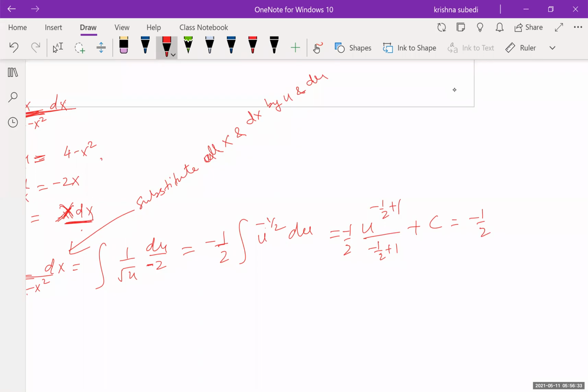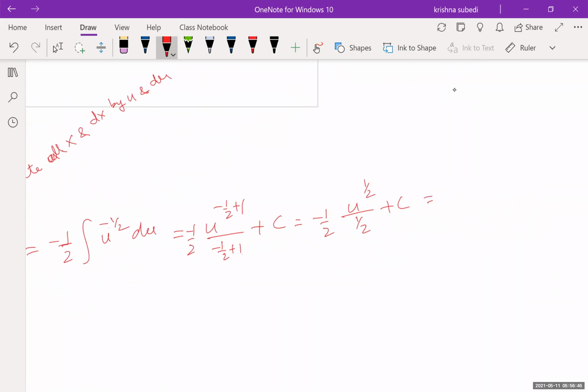Negative half, and then this guy will be u power positive half divided by positive half on the bottom, plus c. So that's going to give me negative half times 2 over 1. When you flip it, the 2 and the half cancel out, and then u power half plus c.